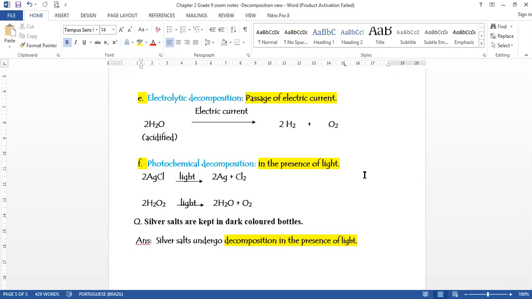These types of compounds are always kept in the dark, either in a dark bottle or stored in a cupboard or somewhere where light doesn't enter, because these are highly unstable in the presence of light. The examples given to you are decomposition of silver chloride.